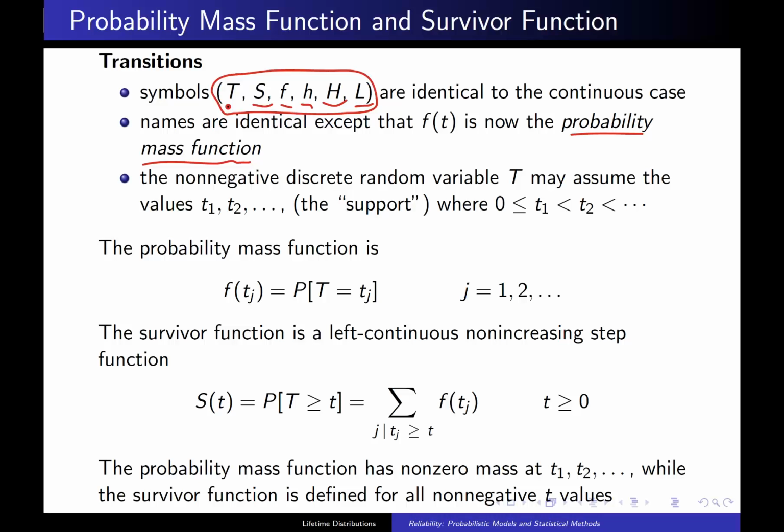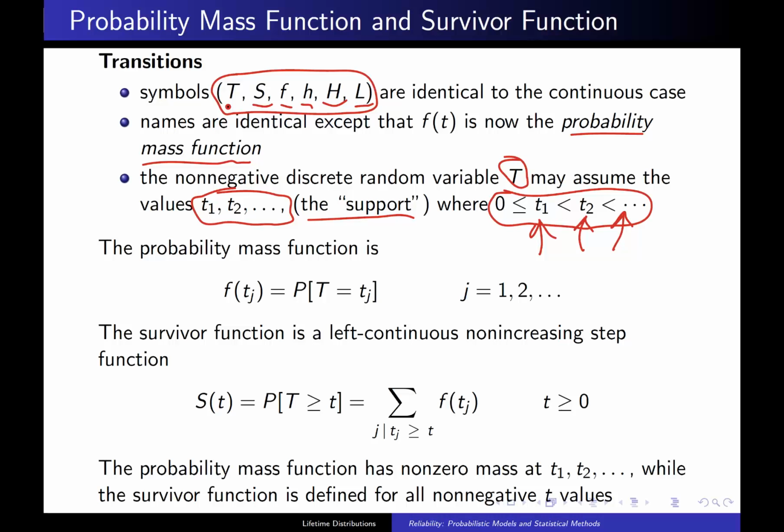So the non-negative discrete random variable T may assume the values t1, t2, etc., where they satisfy this inequality. And you can think of those times as the times when demands are made on the system. That is also the support of the random variable capital T.